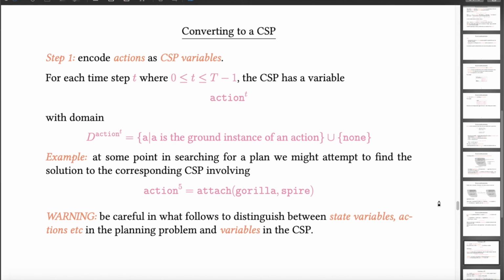So the idea here is that because these are variables, a solution to the CSP will assign each one to some possibility. Action T denotes the action that a successful plan should take at the Tth step, and the value it gets is the ground instance of an action in the state variable representation.